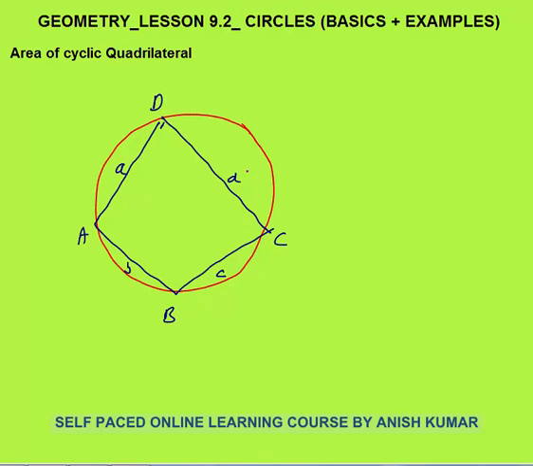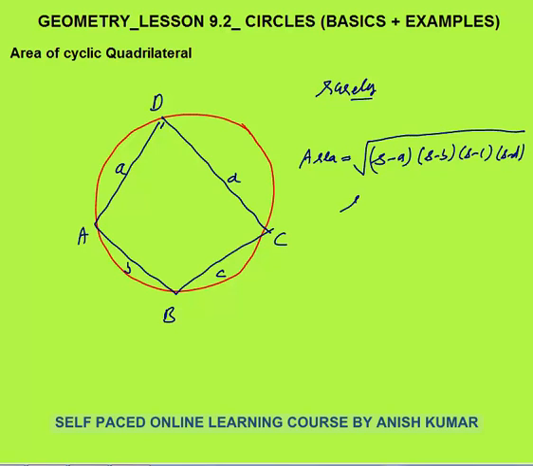Next is how to find the area of a cyclic quadrilateral. This concept is very rarely asked in exams, but still you must know it. ABCD is a cyclic quadrilateral, and the lengths of its sides are given as small a, small b, small c and small d. The area of the cyclic quadrilateral will be the square root of (s minus a)(s minus b)(s minus c)(s minus d), where s equals (a plus b plus c plus d) by 2.